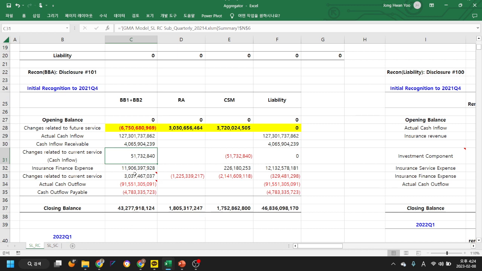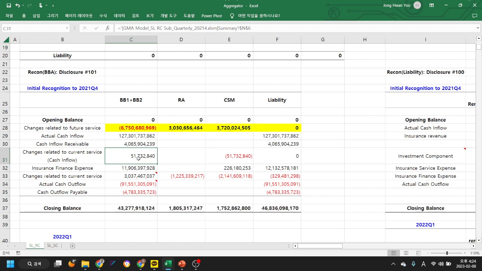I mean, this one says we collect a smaller premium than received, and this is the only exception in the experience adjustment. So for the claim side, the cash outflow is recorded in the P&L statement immediately, at the end of the 2021 fourth quarter.